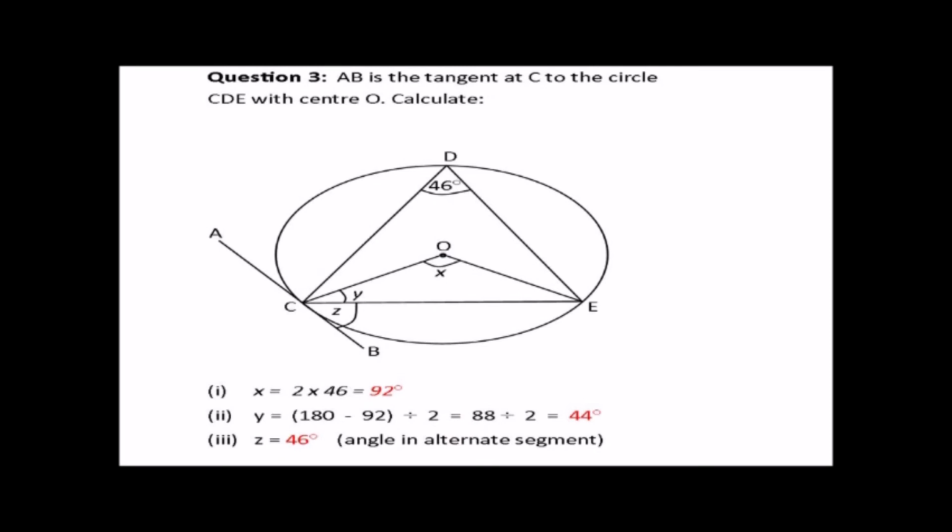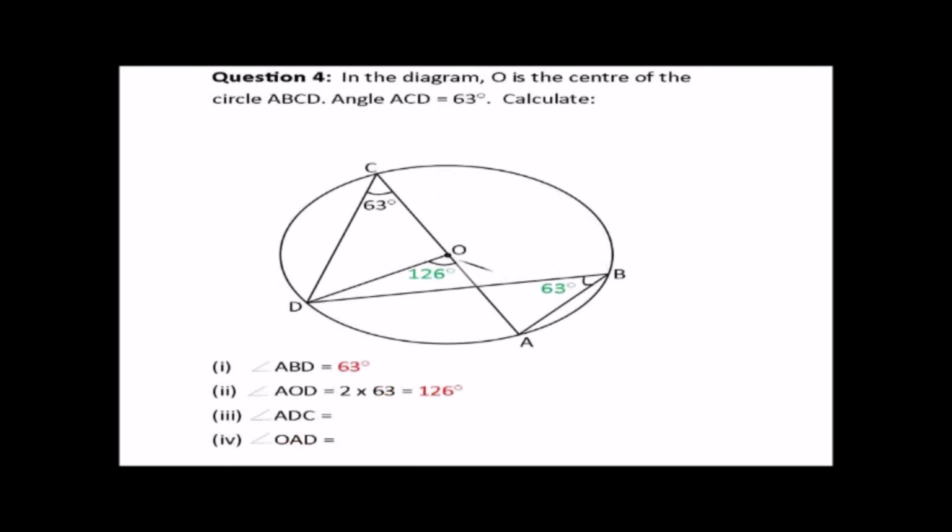Question 3. X is equal to 92 degrees because it's double 46, and then Y is 44 when you work it in that isosceles triangle, and then Z is equal to 46. Again, you're dealing with alternate segment, it's 46, so Z has to be 46 because it's the exterior angle for that.